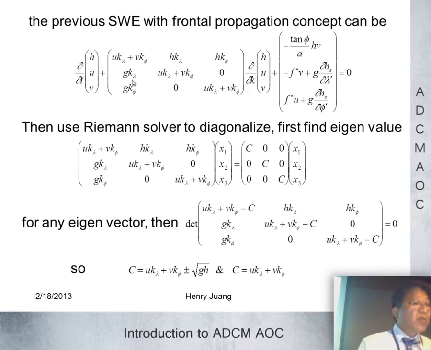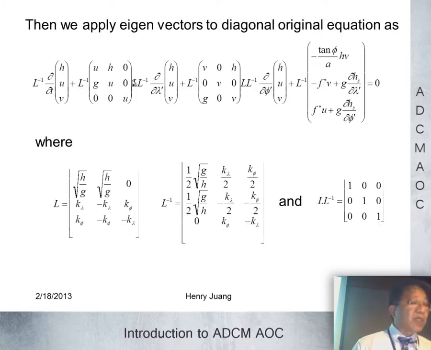On a one-dimensional type of equation, right now it's partial k, partial lambda and partial phi, then your equation becomes like this type. Then you solve the Riemann characteristic by finding the eigenvalues and eigenvectors. It is more complicated than putting all the eigenvalue and eigenvector matrices into the solution itself.